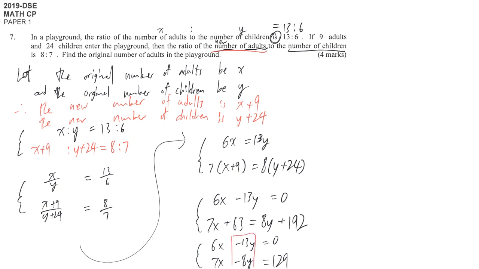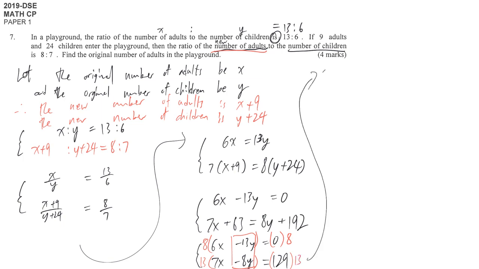We focus on this column, and then we are going to create the same thing. So negative 13, I will prefer to times 8 on both sides. Similarly, for the second equation, 8, I need to times 13, so that I can create exactly the same term.